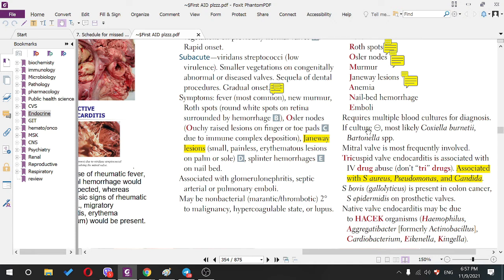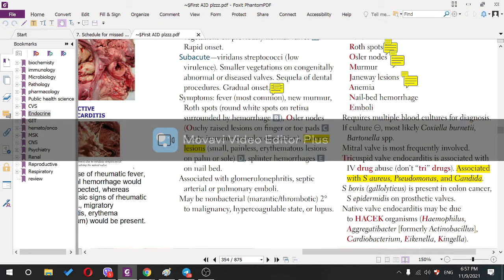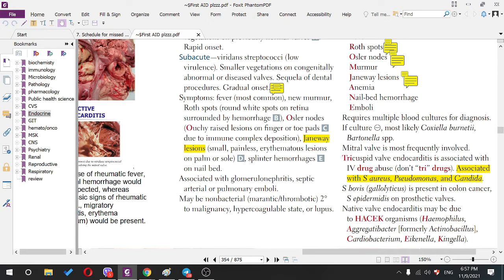If the culture is negative, but you clearly see all of the signs of endocarditis, and you are thinking, what caused it? Well, it could be Coxiella burnetii, which you need to know. You must know what caused it. Coxiella burnetii is mostly due to what?